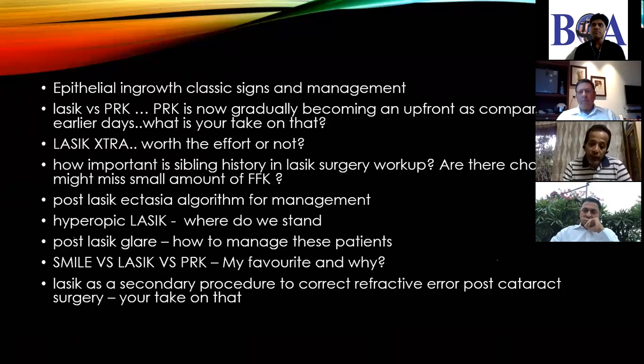One could combine corneal collagen cross-linking with other procedures also. If there is enough residual stromal bed, one can think of regularizing the bed, regularizing the keratometry with a topo-guided PRK along with a C3R.